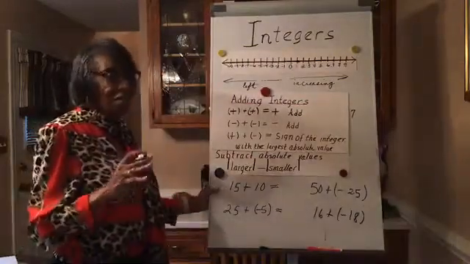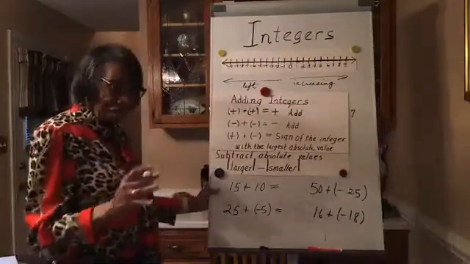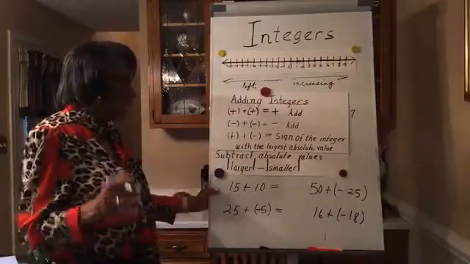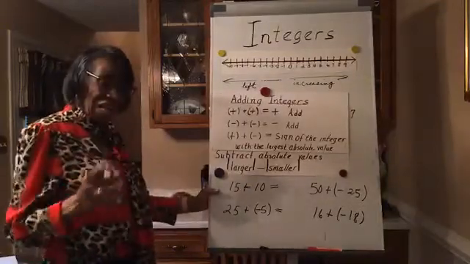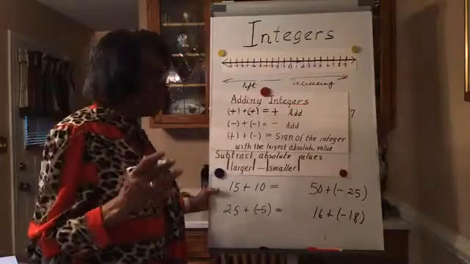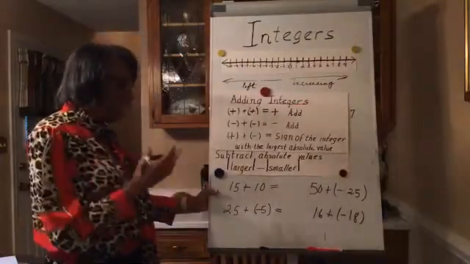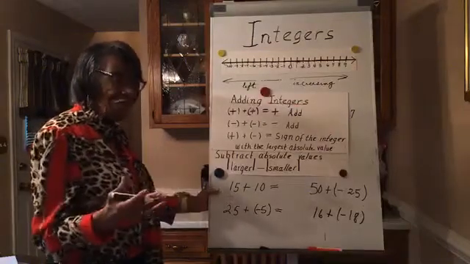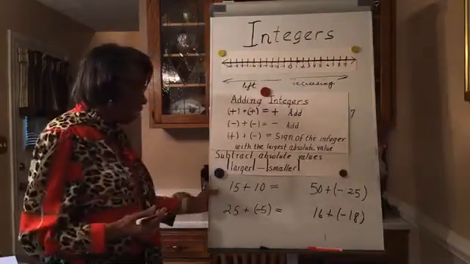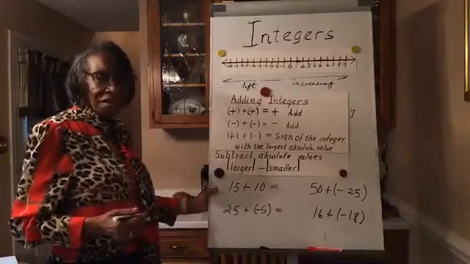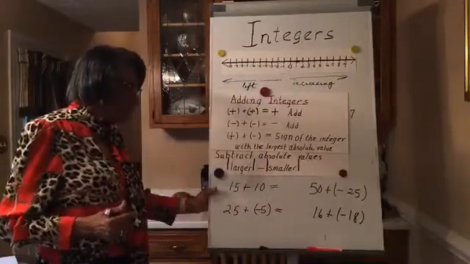And we subtract the larger absolute value minus the smaller. And vice versa. If the negative has the larger, then the answer will be negative, larger absolute value. If the positive has the larger absolute value, then the answer is positive. Very easy. And should not be any confusion.